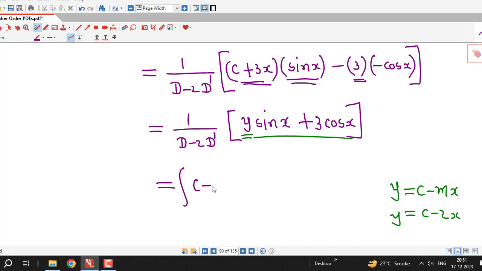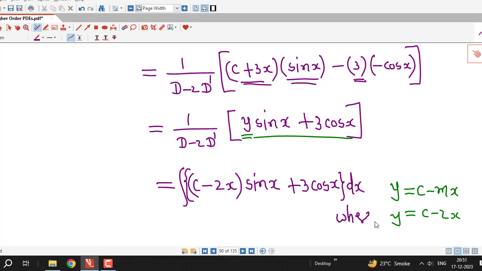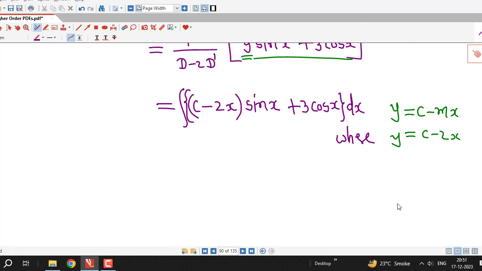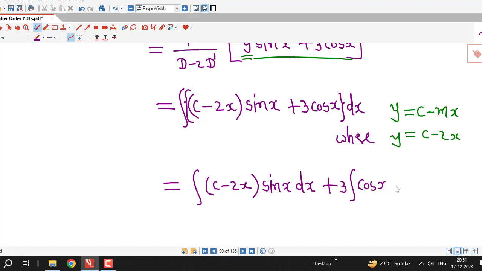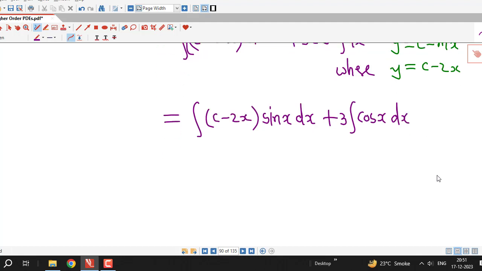So y is c minus 2x times sin x plus 3 cos x, integral with respect to x, where we know that y is replaced by c minus 2x, and here this I can rewrite as the integral of (c minus 2x) sin x with respect to x plus 3 times the integral of cos x with respect to x.